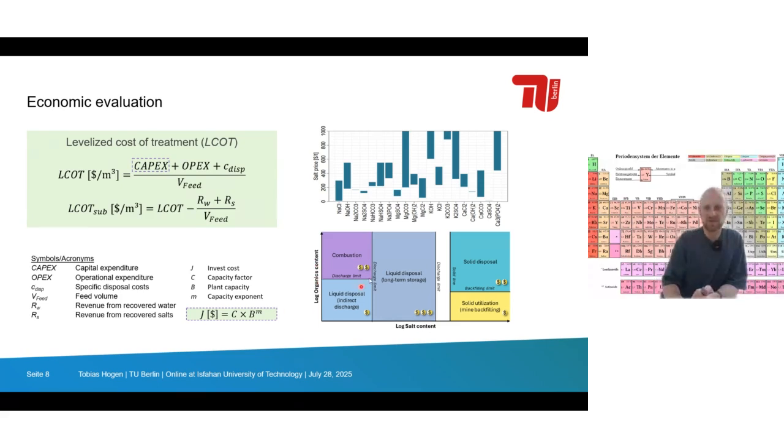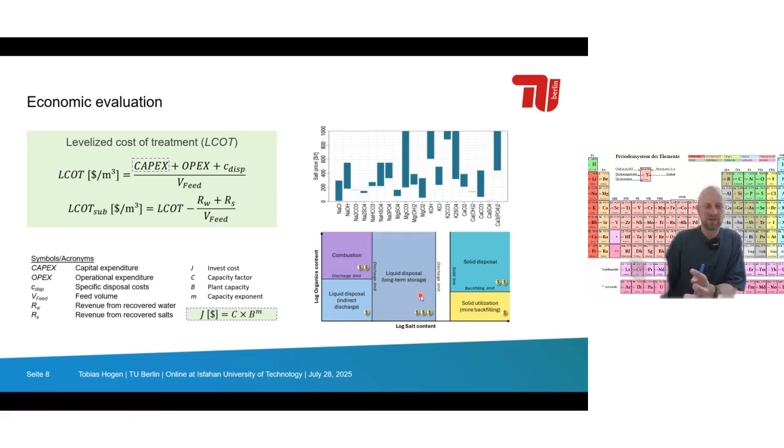So if both are low concentrated, at least in Europe, the standard disposal way would be indirect discharge, maybe in a few cases also direct discharge. So in the local sewage system or natural system, of course, this is only allowed when the concentration is really low. If the salt content gets higher and higher, this is, let's say, solid waste for disposal. You have to transport it to a safe site, and then that is normally stored in tanks. This is really expensive.